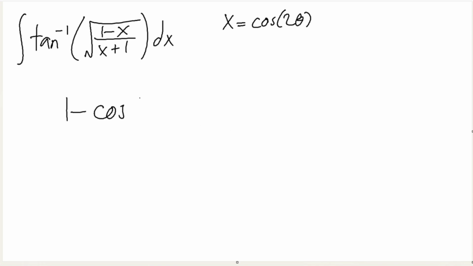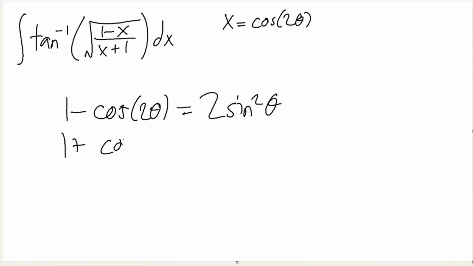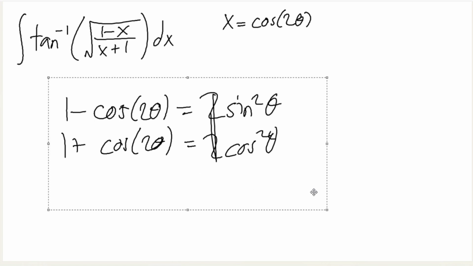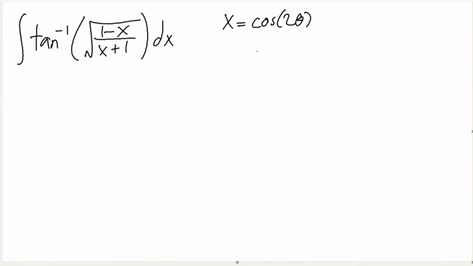Because I know that this is equal to 2 sine squared theta, and I know this is equal to 2 cosine squared theta by trig identity. So if we use this on here, the 2 would cancel out, but this will give us tangent squared, which will get rid of the square root, and we'll have tangent theta, which will get rid of this inverse tangent. Awesome. So let x equal cosine 2 theta.